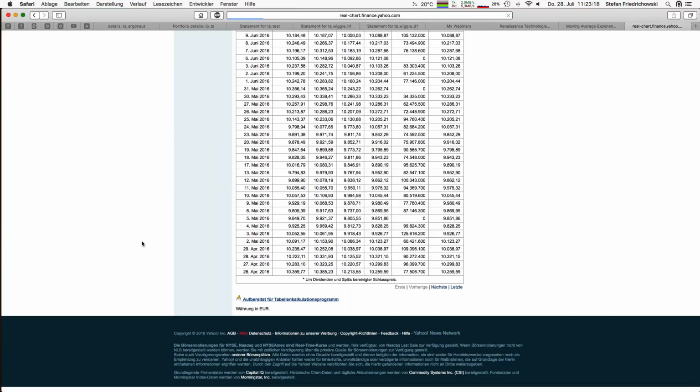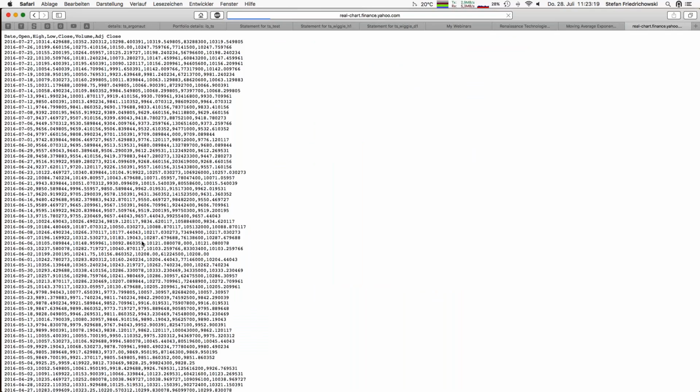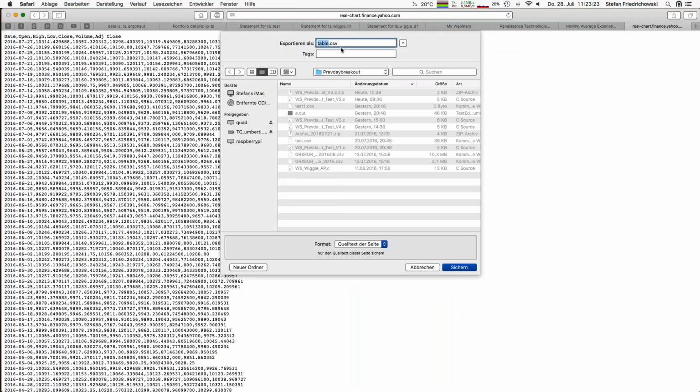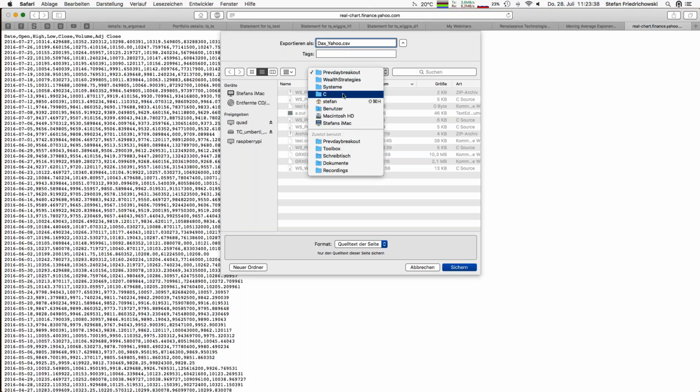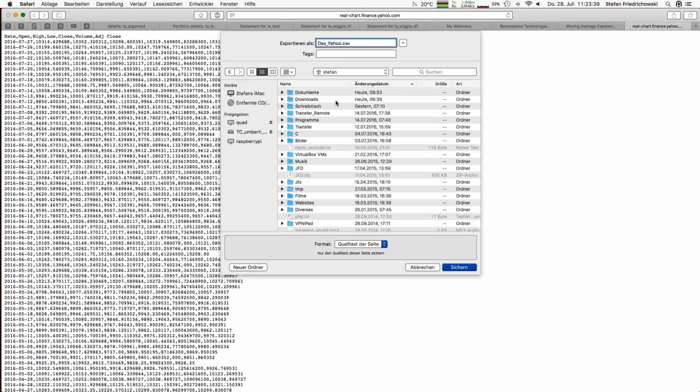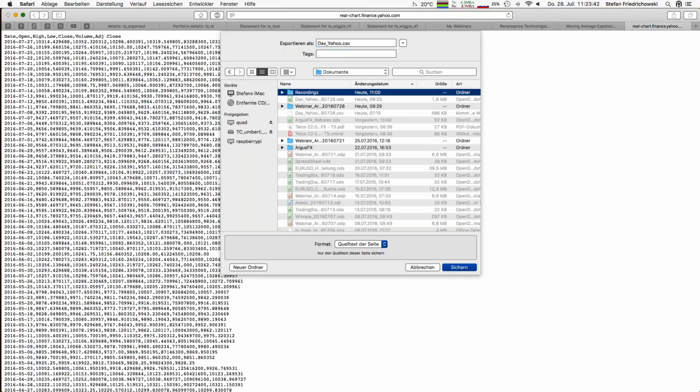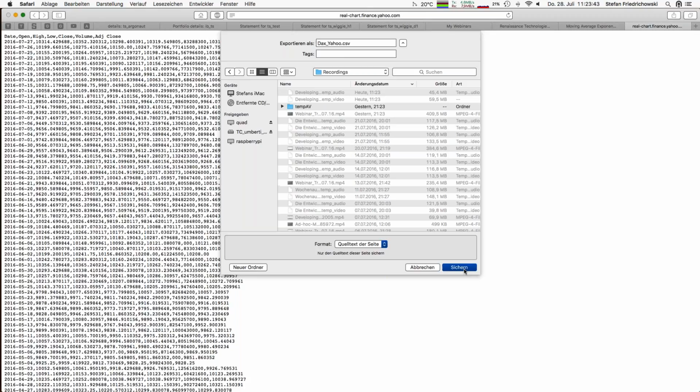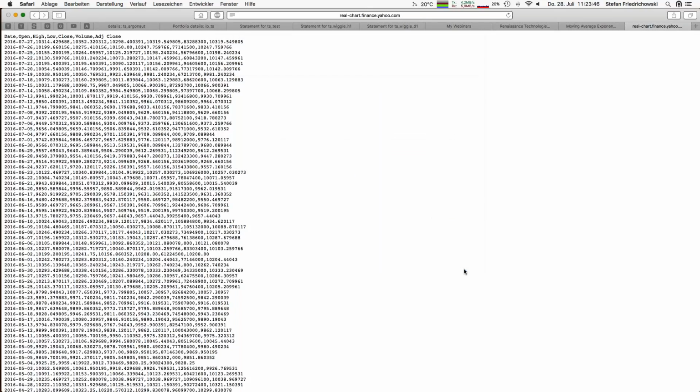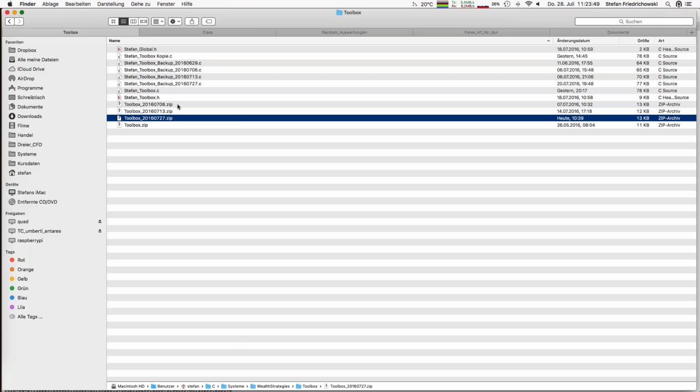Let's simply get those values here, and we can store them in the so-called CSV format, which is a text format, and let me call it simply DAX Yahoo. I can store it, for example, here. So now we have stored those values.